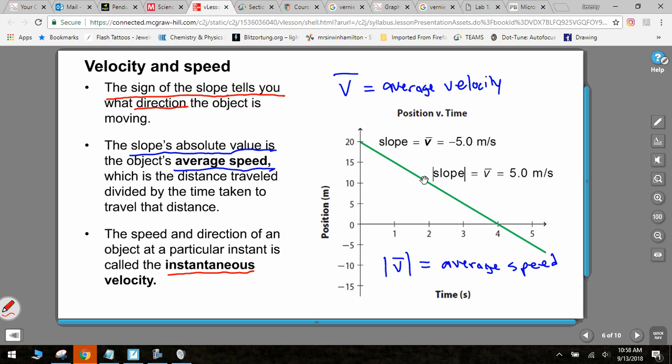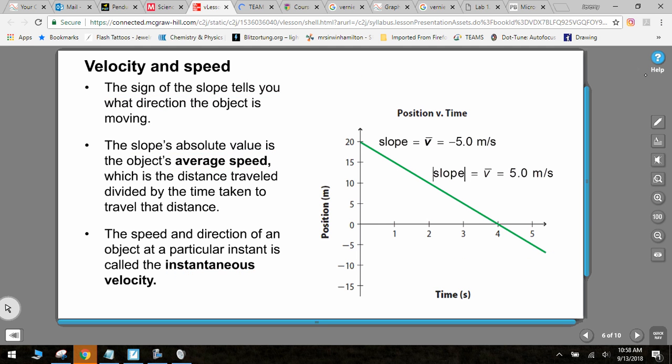But what we can do is take the points really close to it and calculate the slope, and we'll get what it is there. Or if we're lucky, you end up with things like this, where we have a linear relationship, and then the average slope is the instantaneous slope. So the average velocity would be the instantaneous velocity. Okay? Do we have any questions at this point?